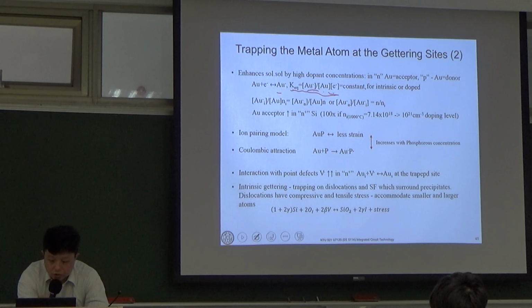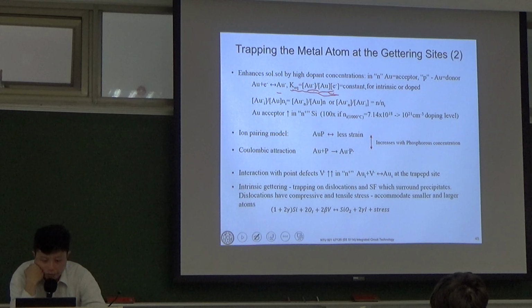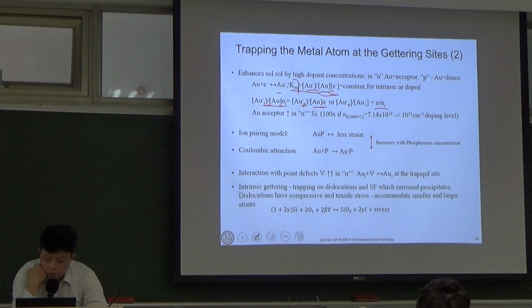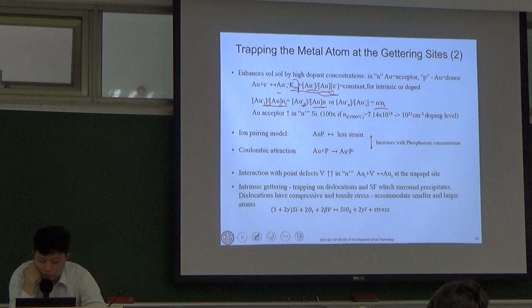You can write this chemical reaction constant. Okay, so now if we plug the intrinsic or the N-type or the P-type in this equation, for example here for the intrinsic and N-type, then because this K is a constant, right? So this concentration difference will be reduced to your dopant or your electron concentration difference.